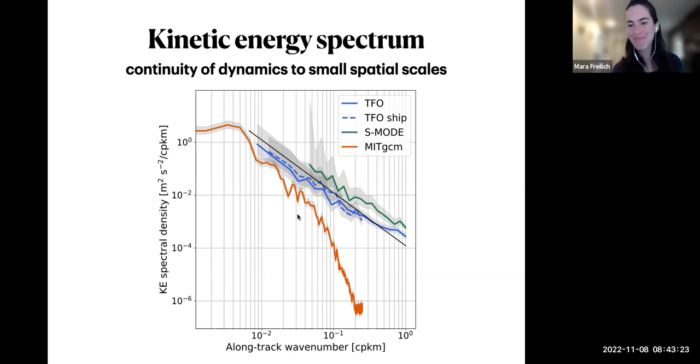Those two slopes are very difficult to distinguish observationally with the level of confidence that we have. The other point I'll make is that a k to the -2 spectrum is what emerges from fronts.